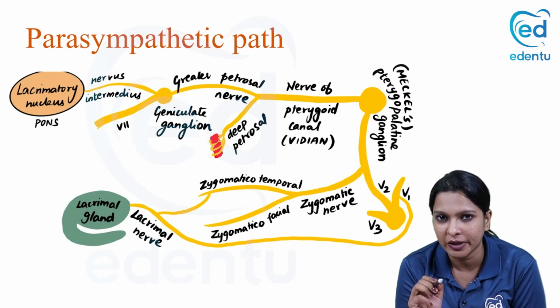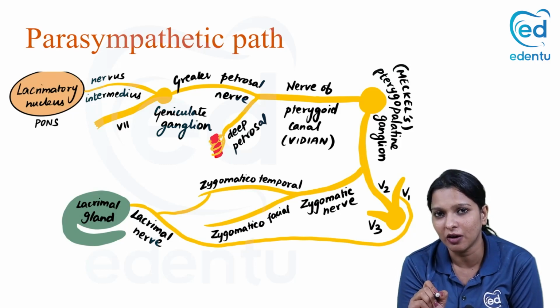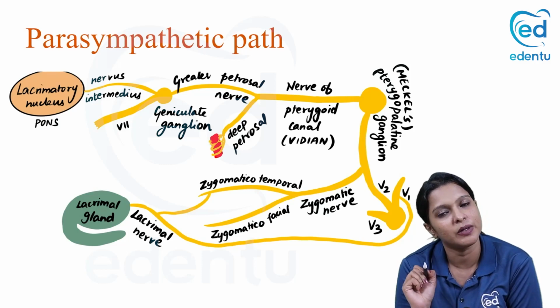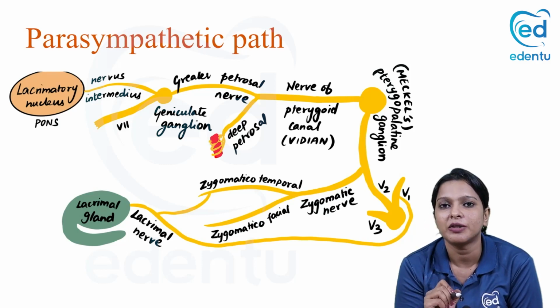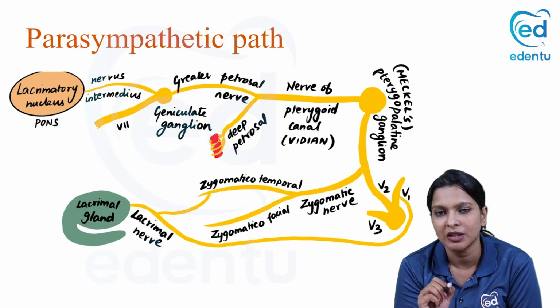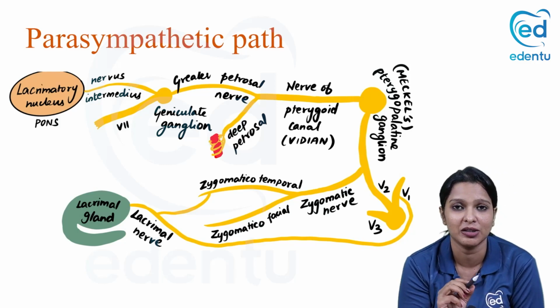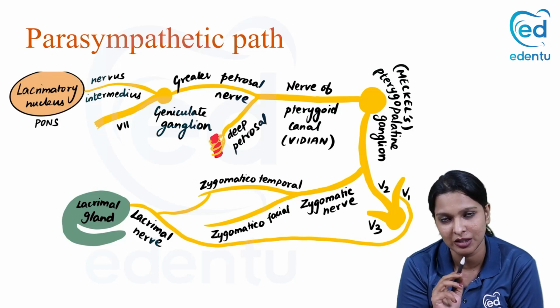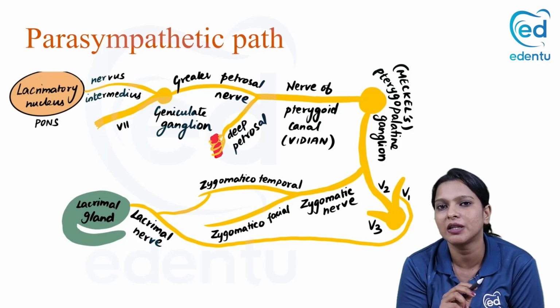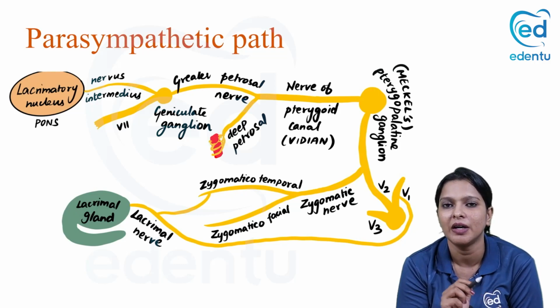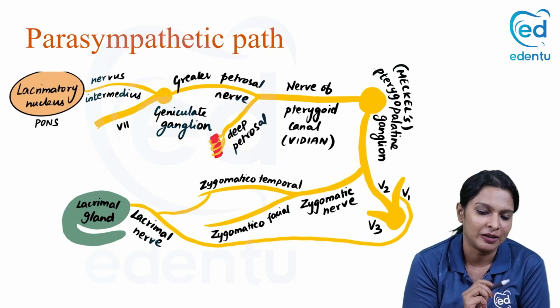From there, through V2, the maxillary division of the trigeminal nerve, it will enter into one of its branches, the zygomatic branch. Through there, it afterwards enters into one of its branches, the zygomatico-temporal branch. From there, through a connection to the lacrimal nerve, it finally reaches the gland.